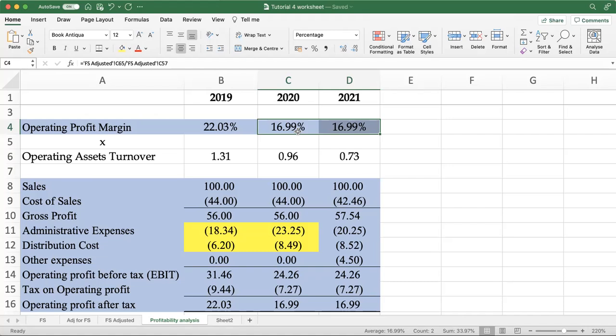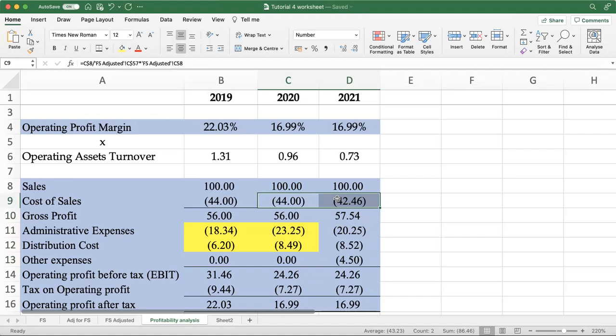Even though your operating profit after tax common size value, operating profit margin has not changed, your analysis finds that the company has been able to increase gross profit margin because of lower cost of sales.